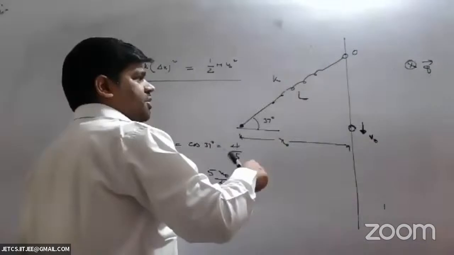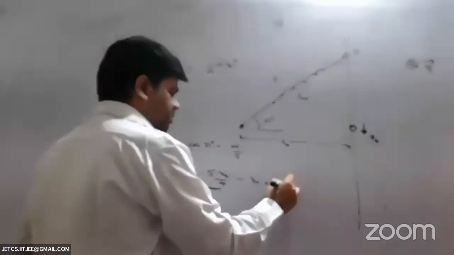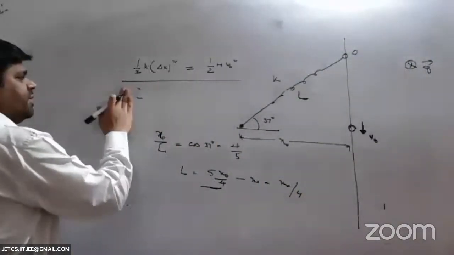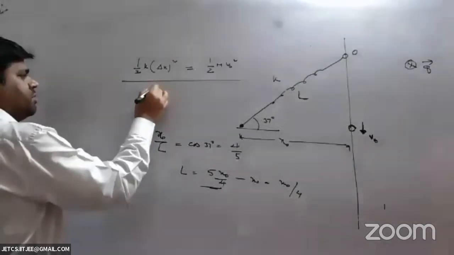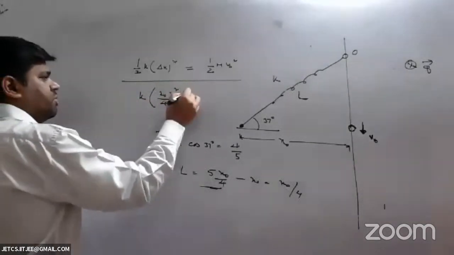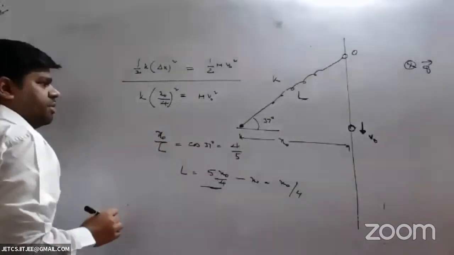Now I got the length. I want the extension in the spring. So this length minus natural length will give me extension in the spring, which is x naught by 4. So half gets cancelled out. K x naught by 4 whole square is equal to m V naught square.